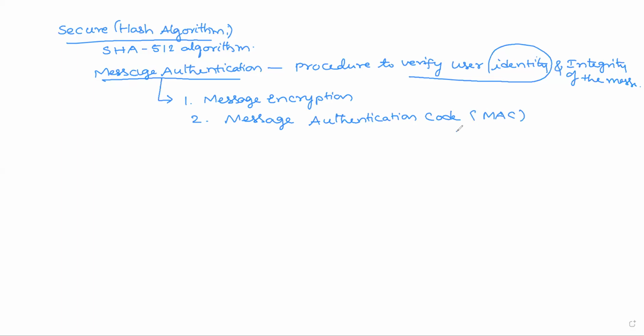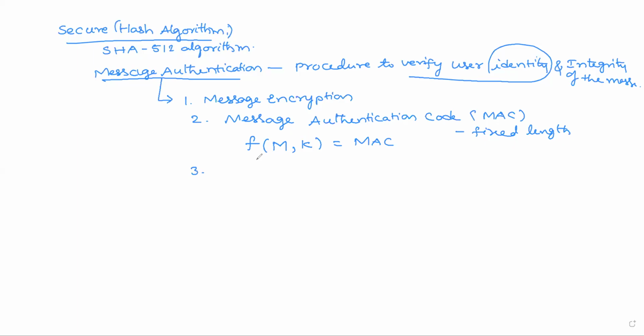It is of fixed length, and this message authentication code will be generated with the help of some function, which takes the plain text M and the key K as input, and it generates that message authentication code.